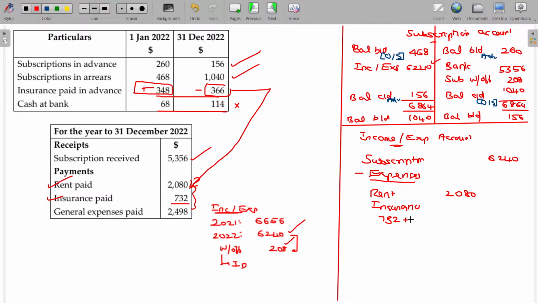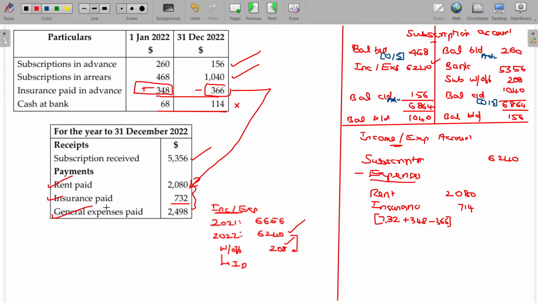So opening will be added, closing should be subtracted, 366. Then what about the final value? 732 plus 348, minus 366, is 714.